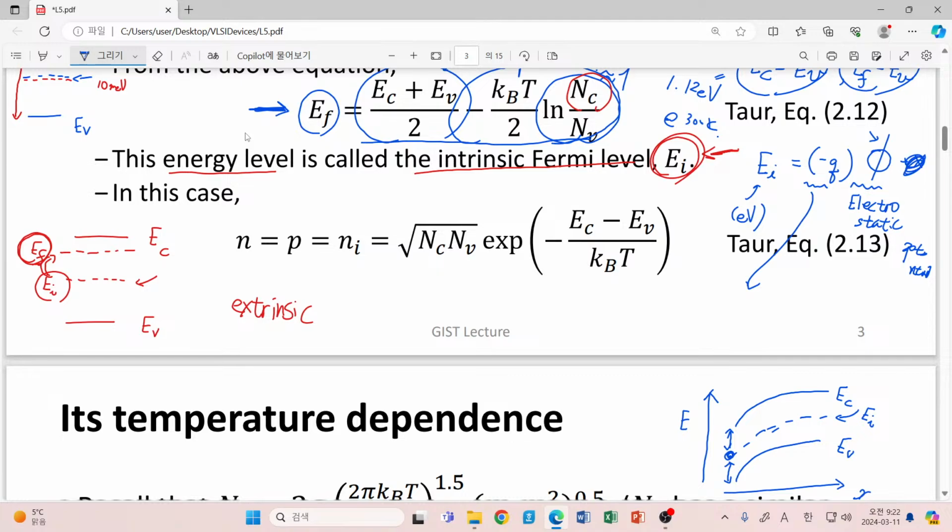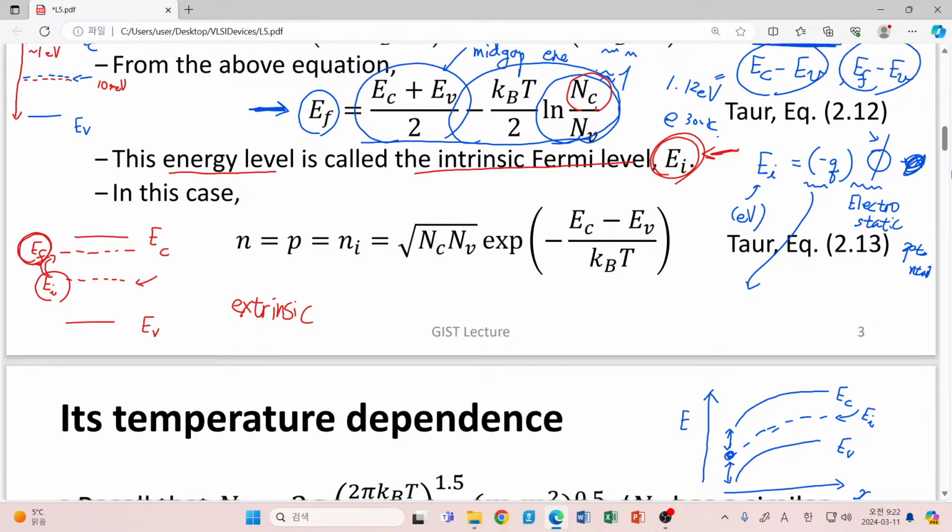Simply speaking, in many cases, when you read your textbook, if you go to an advanced level, you will find that electrostatic potential occurs, and in many cases electrostatic potential actually points out not other quantities but exactly the intrinsic Fermi level of your material.